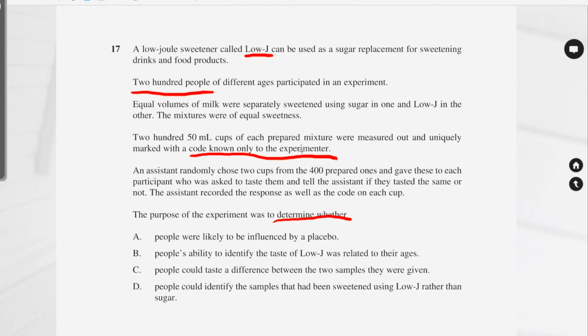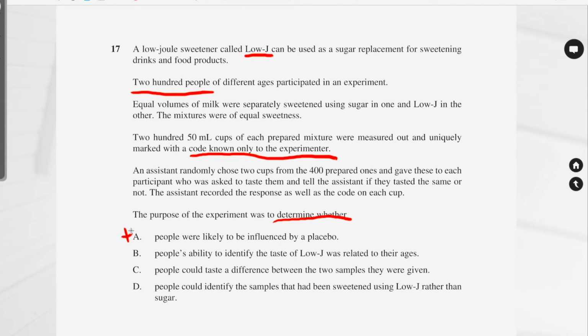The one thing here, the experimenter who's controlling it, they knew what they were doing, but we can also sort of say that the assistant doing the actual testing was sort of an effective double-blind trial for this here, so that's pretty good there. The purpose of the experiment was to determine the following. People were likely to be influenced by the placebo.